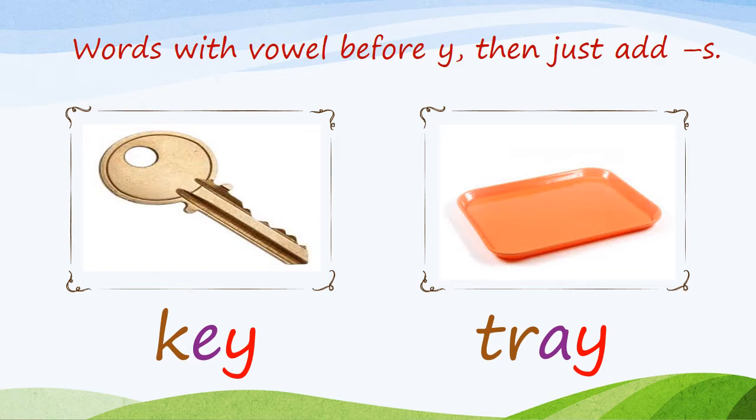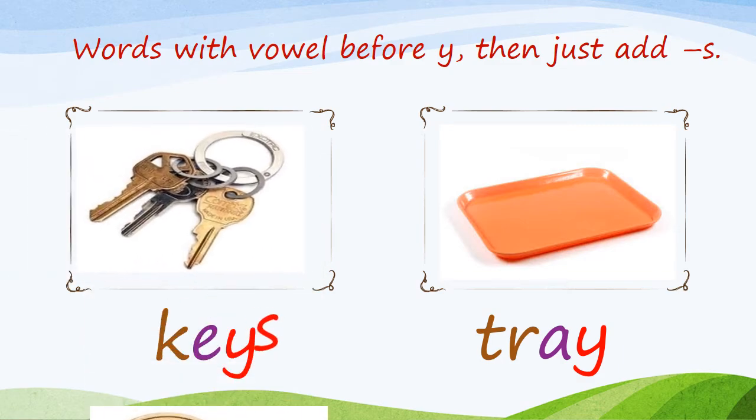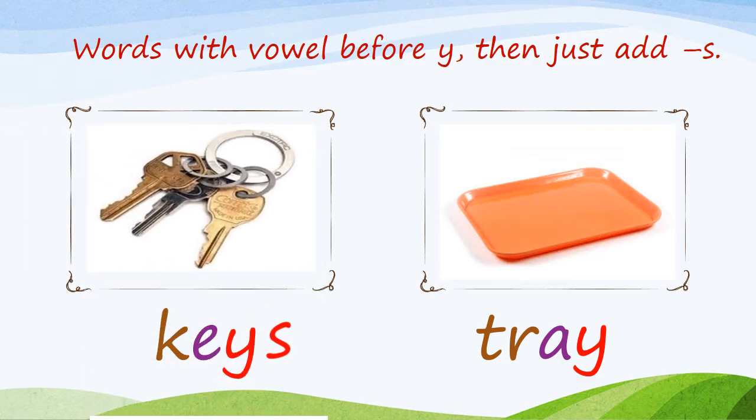Look at the first picture. What is it? Key. Now if you look at the spelling of key, the letter before Y is E, which is a vowel. So when you change it into plural, you just add S to make it keys.